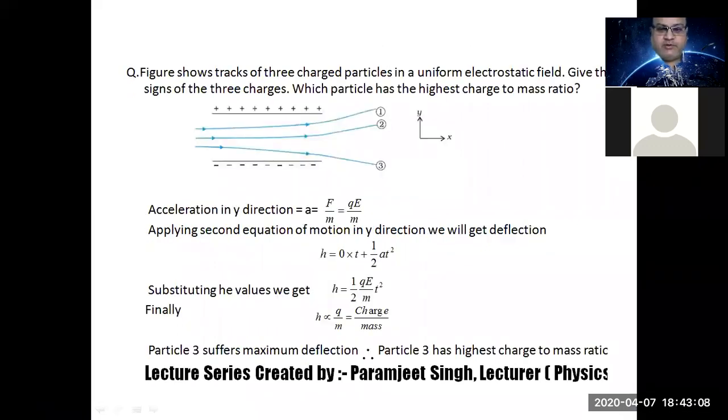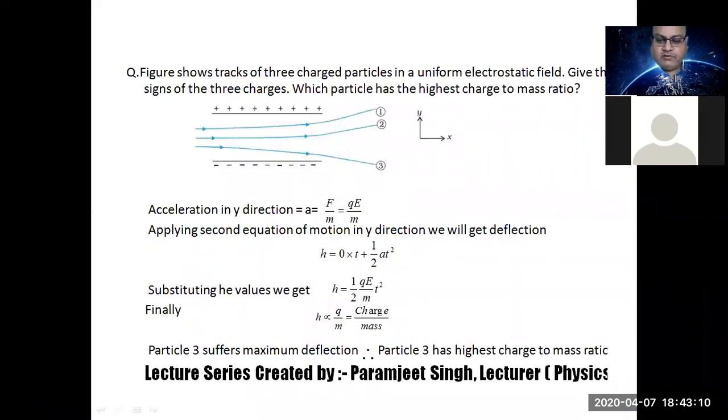So next, another very important numerical. This figure shows tracks of three charged particles.